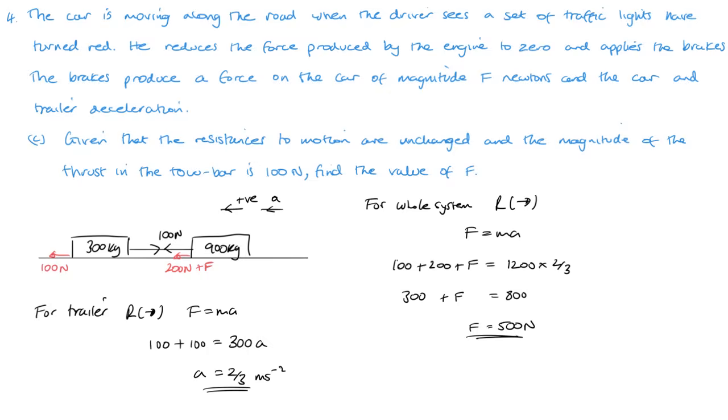So hopefully you were able to follow this. I do understand this bit here is probably the most confusing on this system, because we're talking about thrust rather than tension. It's just really about the direction of that force.